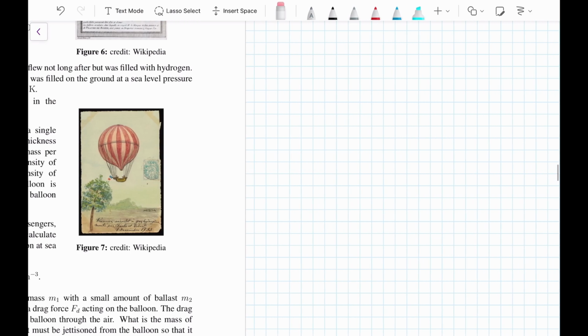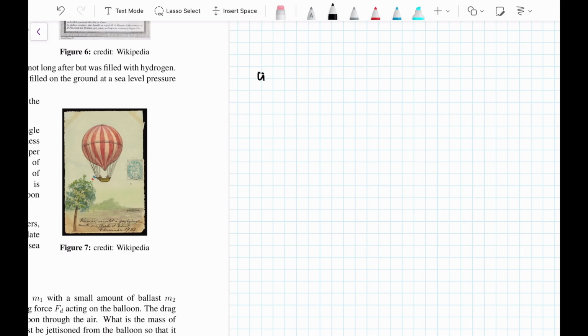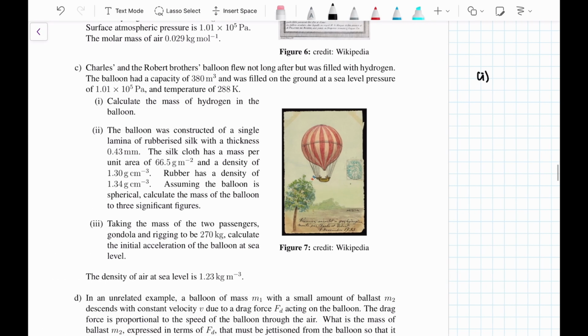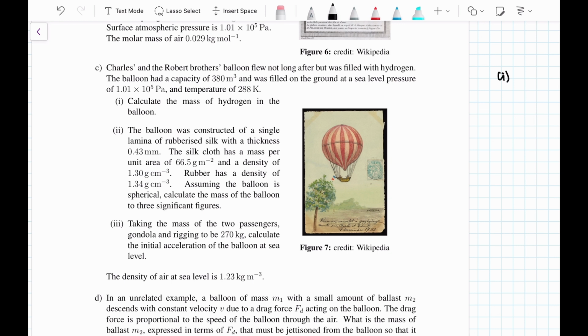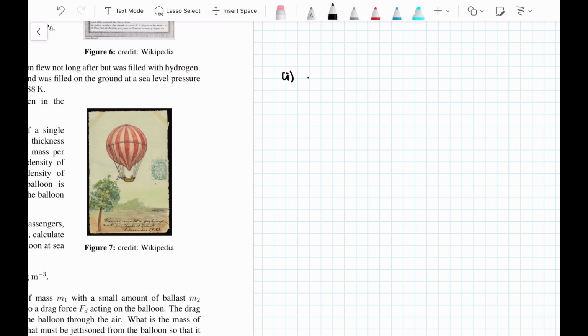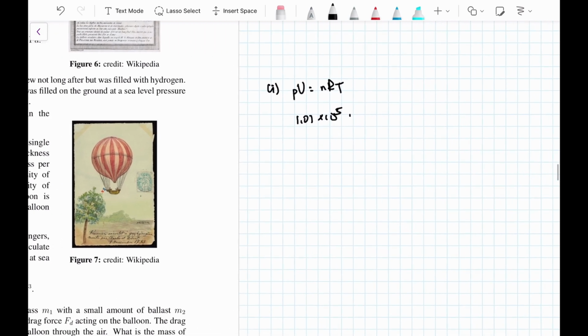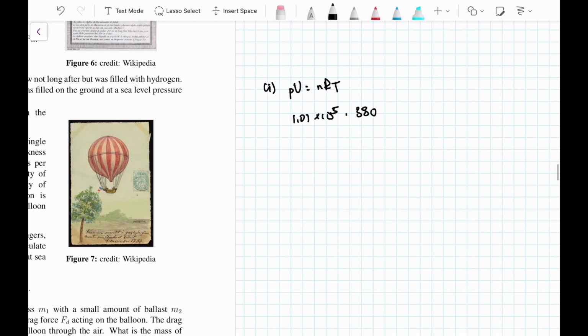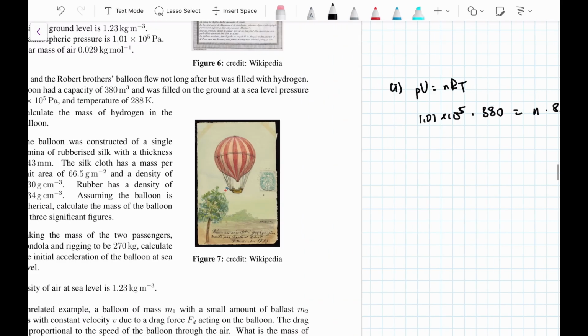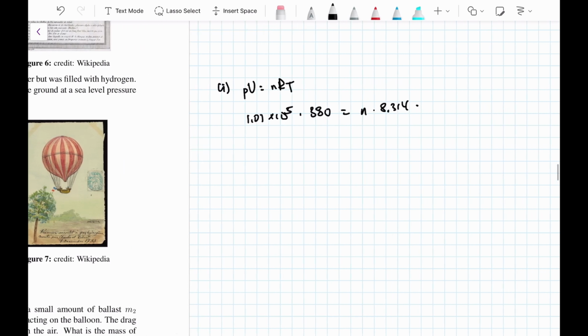So I suppose the mass of hydrogen can be determined using the ideal gas equation. So PV is equal to nRT, and we're given the pressure is 1.01 times 10 to the 5. The volume is given as 380 cubic meters, and it is equal to the number of moles times 8.314, the gas constant, times the temperature, which is given as 288 kelvins.